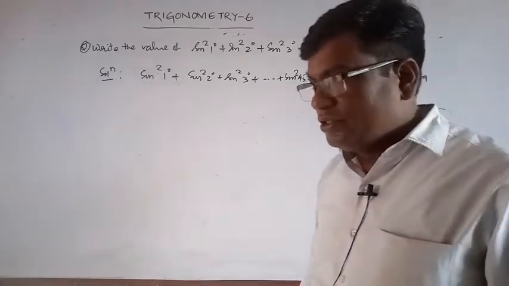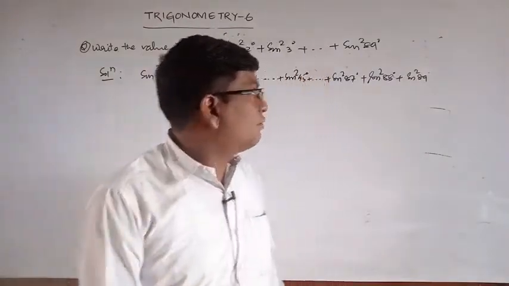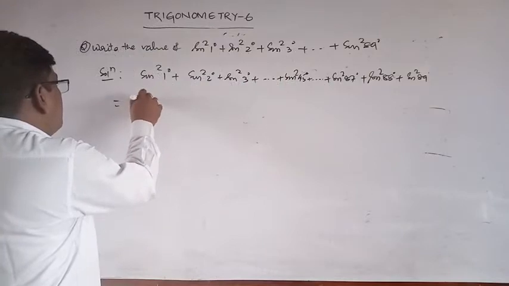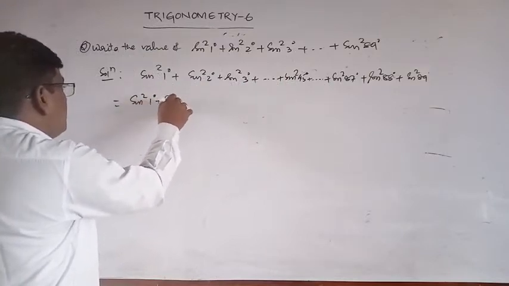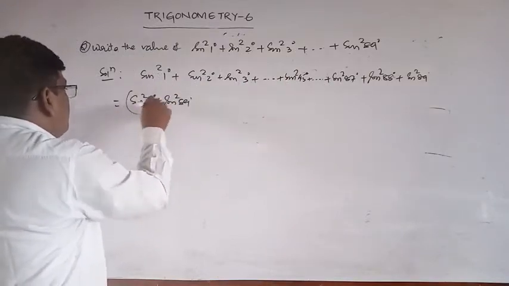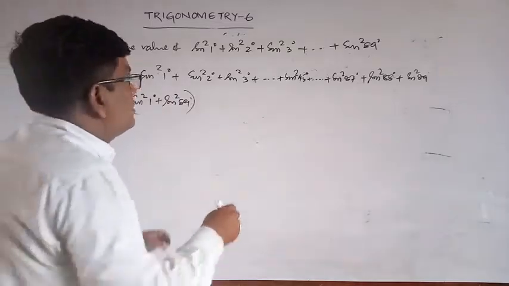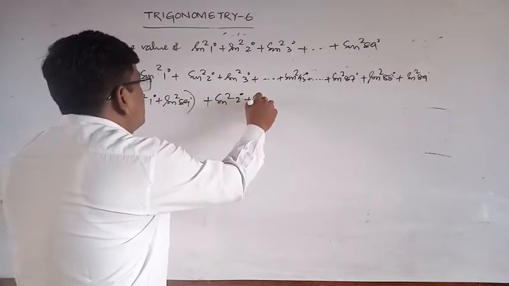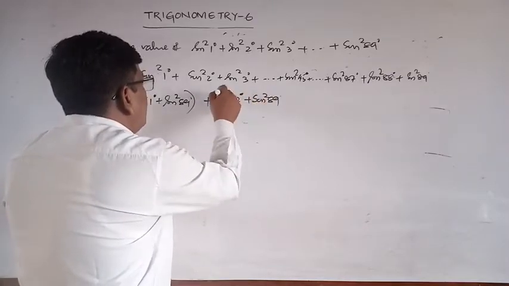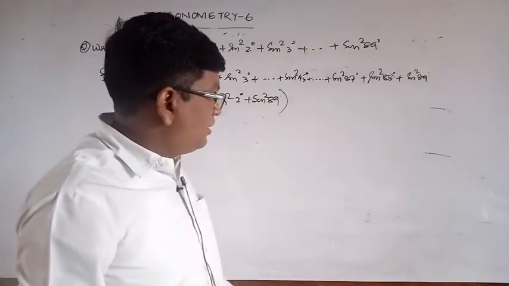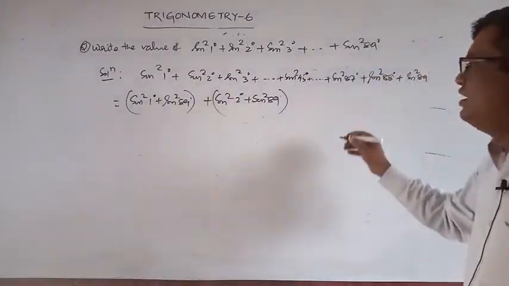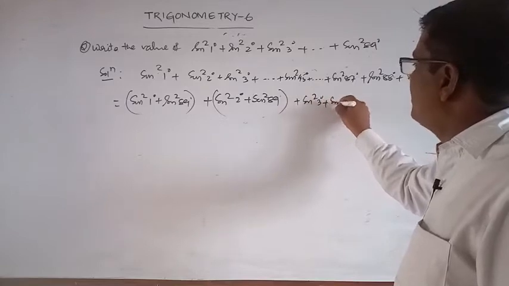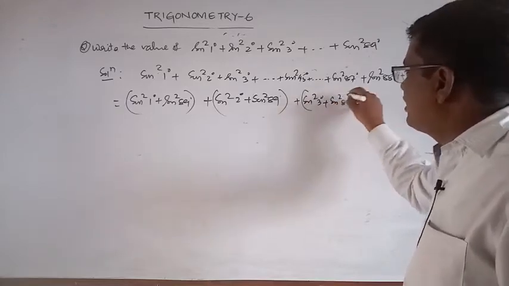Okay, so the sum should be 90 degrees: 1 plus 89. So this is equal to sin²1° plus sin²89°, one pair. Similarly sin²2° plus sin²88°, another pair. Similarly sin²3° plus sin²87°, another pair.